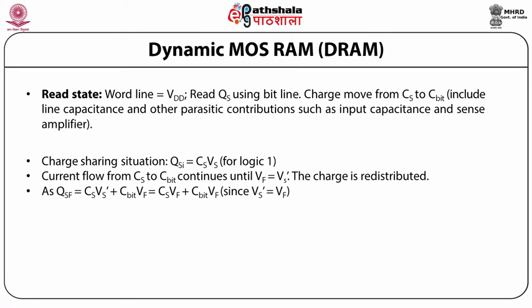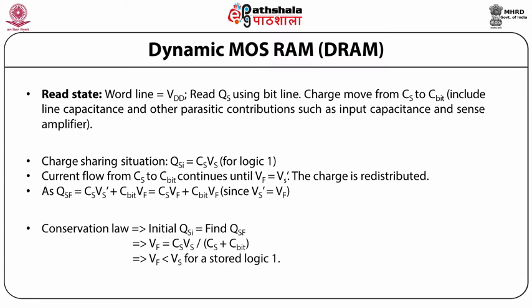Charge sharing situation is QSI equal to Cs Vs for logic 1. So current flows from Cs to C bit until Vf equal to Vs prime, and the charge is redistributed as QSF equal to Cs Vs prime plus C bit Vf equal to Cs Vf plus C bit Vf, since Vs prime equal to Vf.